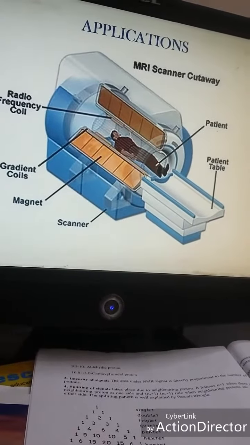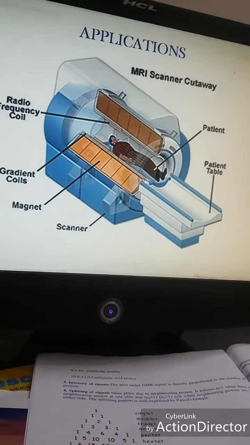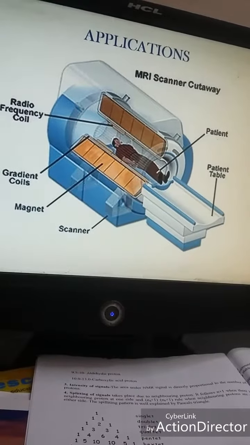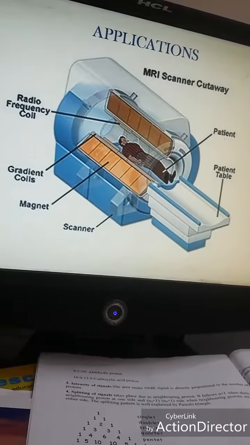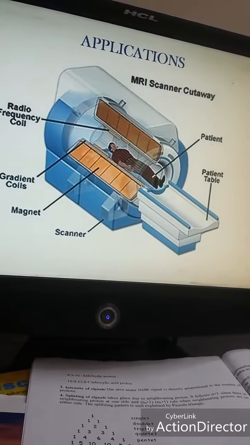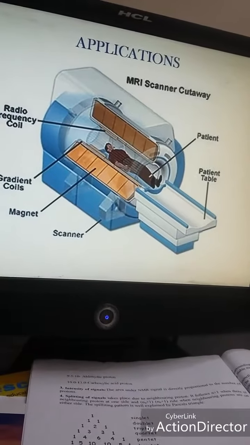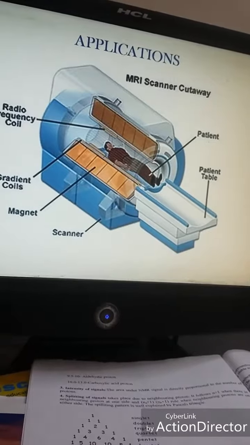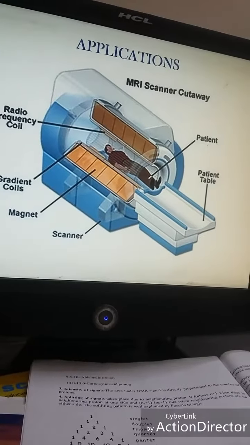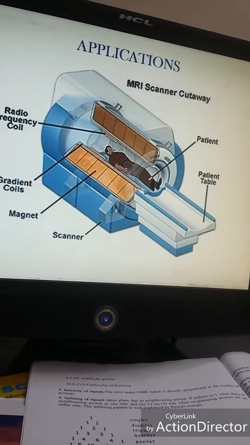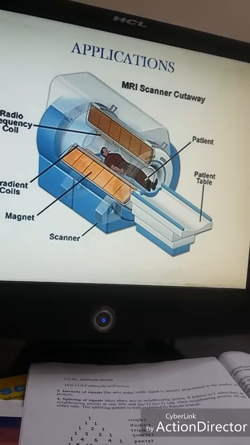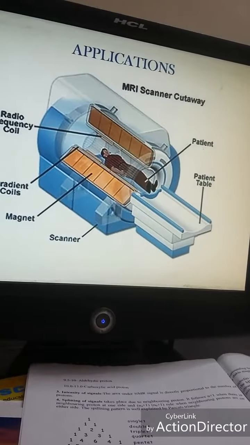As you know, protons are tiny particles and they are present in water throughout the body. So we can utilize these proton NMR spectra to get various images, and radio waves are transmitted in pulses and the protons are aligned by the strong magnetic field. Radio waves are transmitted, and the echo received from these protons will help in reconstruction of images of the body by the computer.